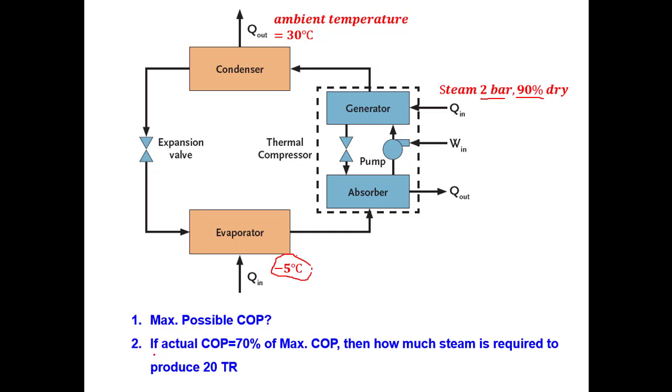And then, if the actual COP is 70% of the maximum COP, how much steam is required to produce 20 tons of refrigeration? So basically, what is the mass flow rate of the steam so that we can produce 20 tons of refrigeration cooling load in the evaporator?